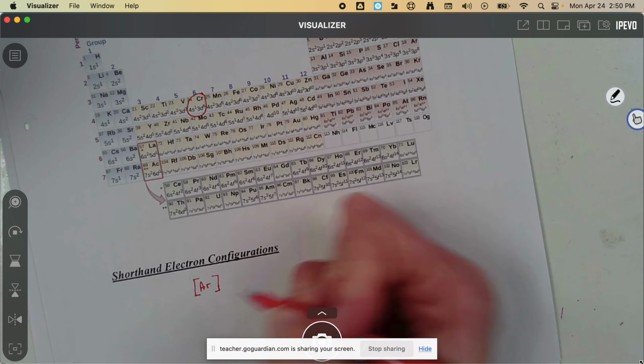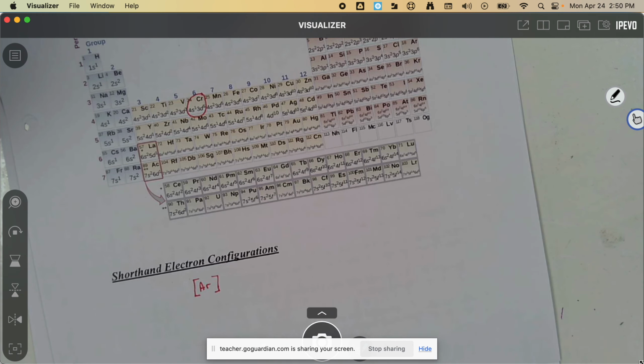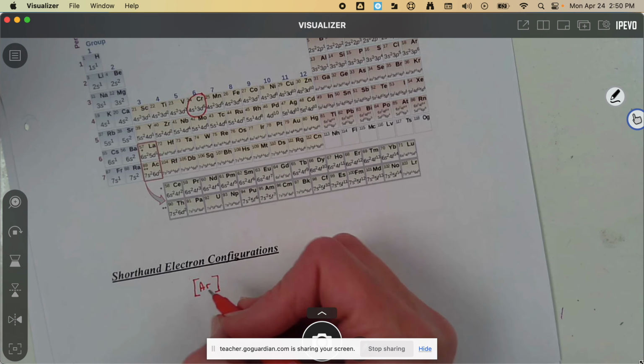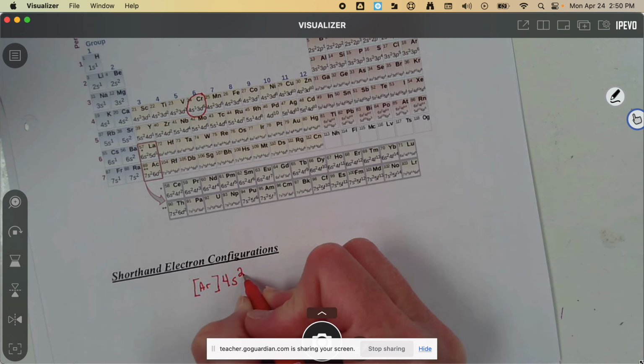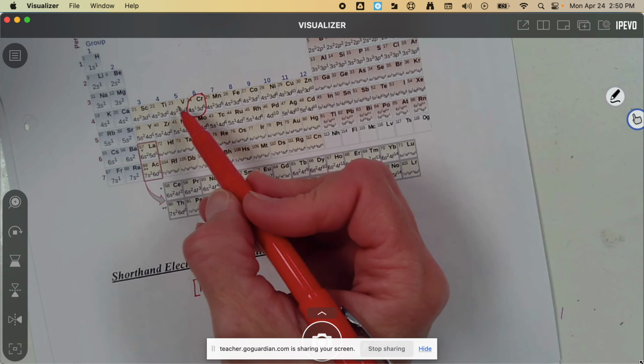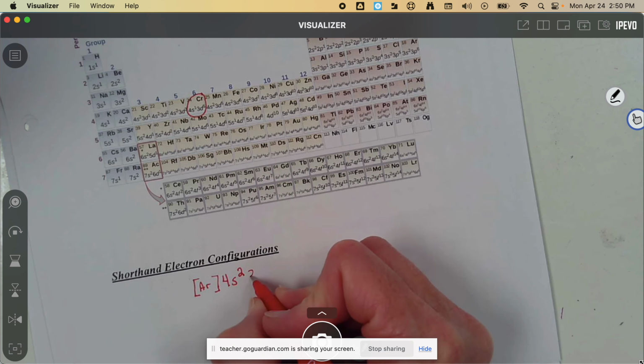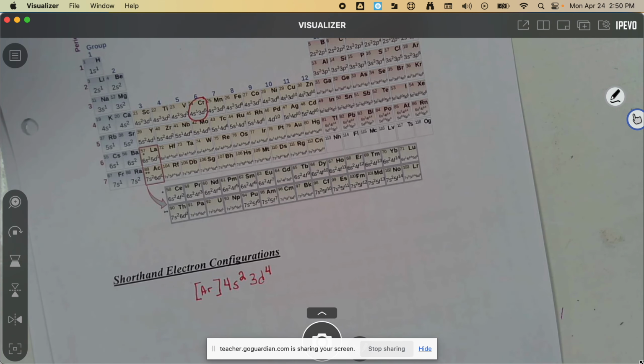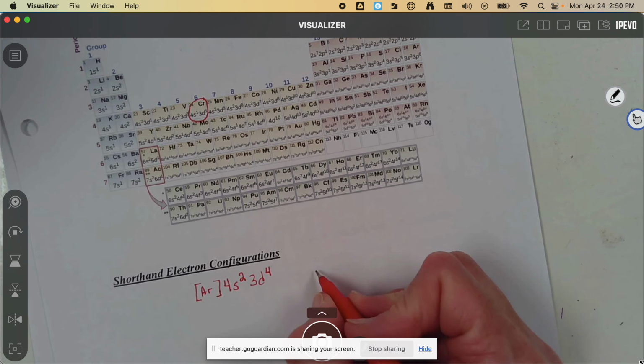And that counts for the first 18 electrons. I need to pick back up at the 4s sublevel. So I would expect it to be 4s2, 1, 2, 3, 4, 3d4. That's what I expect.